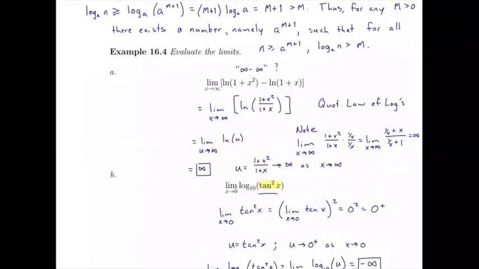So had we done this for just tangent of x instead of tangent squared of x, we would have to say it's undefined, because the two-sided limit of tangent of x approaches 0 from the right and from the left. So we wouldn't get this nice little extra piece that we need here. We'd be undefined on one side and negative infinity on the other, which is technically also undefined.